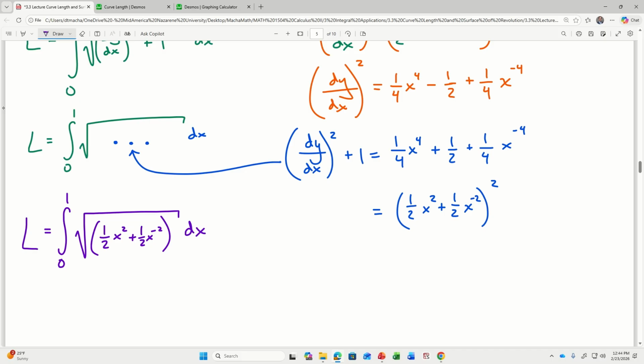So now, the square root cancels with the square. And now I'm taking the integral from 0 to 1 of 1/2 x squared plus x to the negative 2. And so the antiderivative of x squared is 1/3 x to the 3 power.